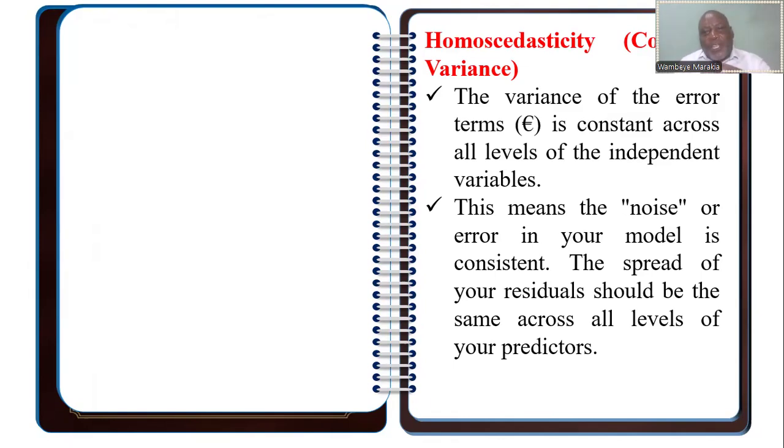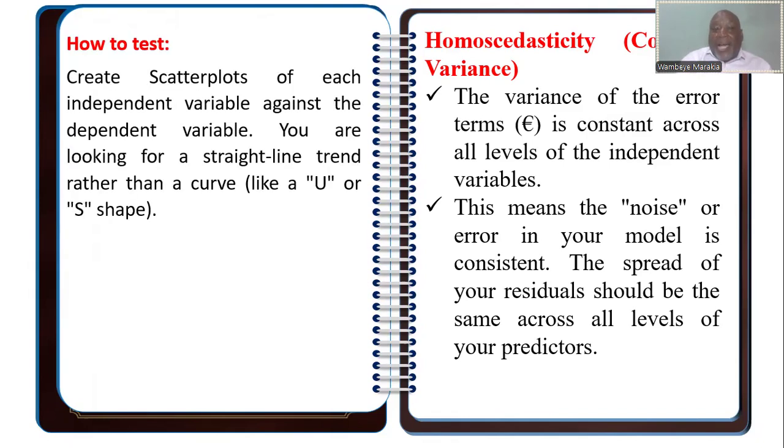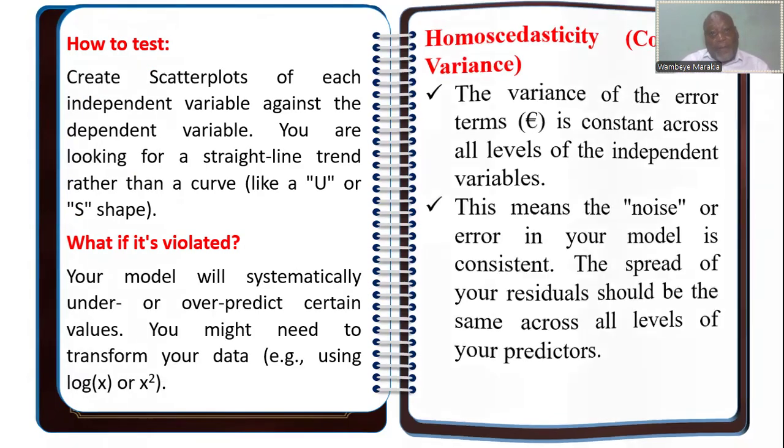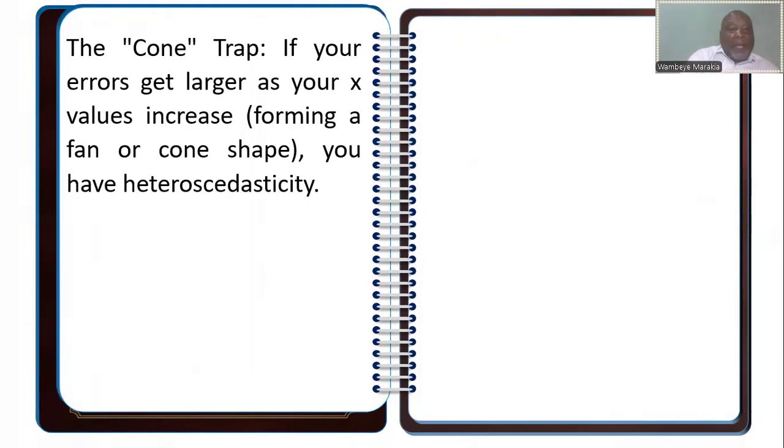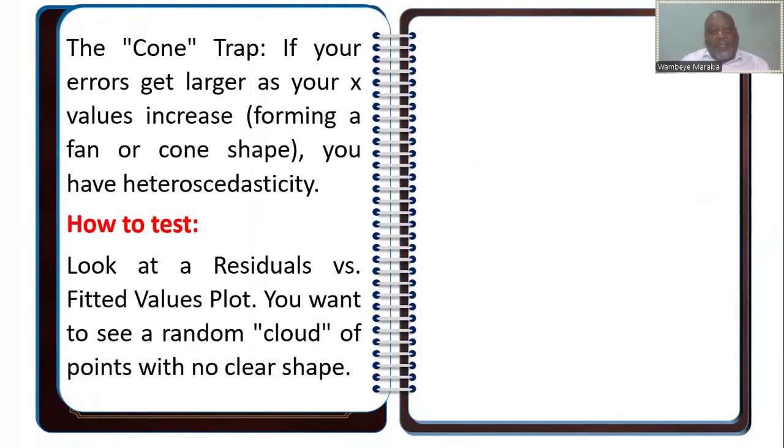The spread of your residuals should be the same across all the levels of your predictors. That's what we simply call homoscedasticity. Homoscedasticity is a very important thing, and when it's violated in your data, it affects your results, and it's not good at all.